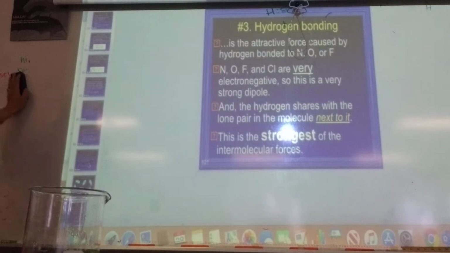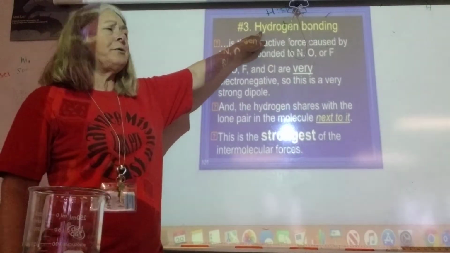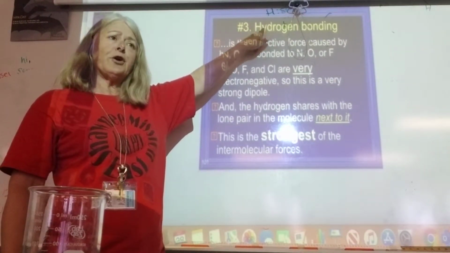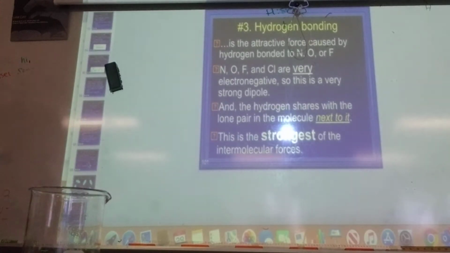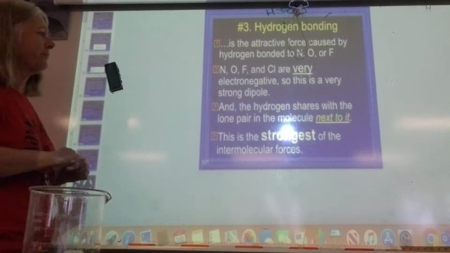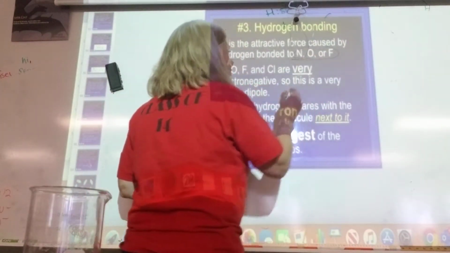Okay. And then our third and strongest type of attraction is hydrogen bonding. This is our third and strongest. It's the strongest of intermolecular bonding for covalent compounds. And it's when we have hydrogen bonded with one of these three.